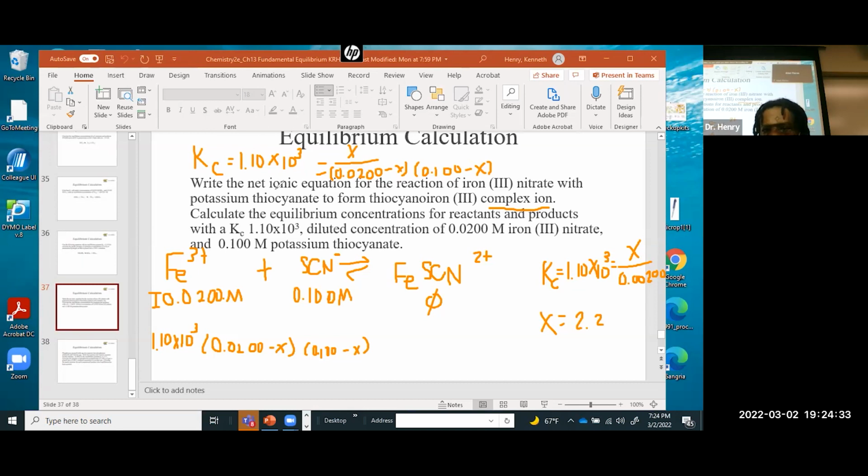So I'm just taking this equation here and multiplying.